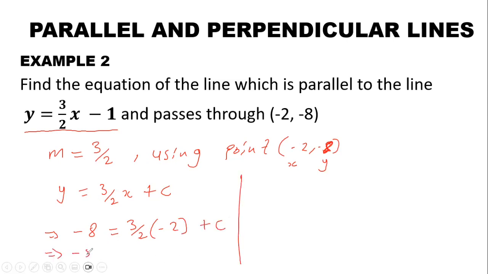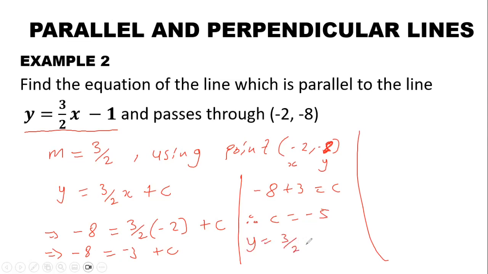So -8 is equal to -3 plus c. Making c the subject means that -8 plus 3 must be equal to c. Therefore, c is equal to -5. It means that the line which is parallel to line y equal to 3/2x minus 1 is y equal to 3/2x minus 5.